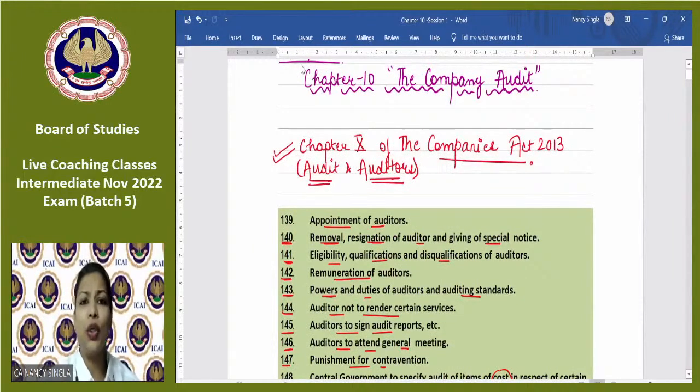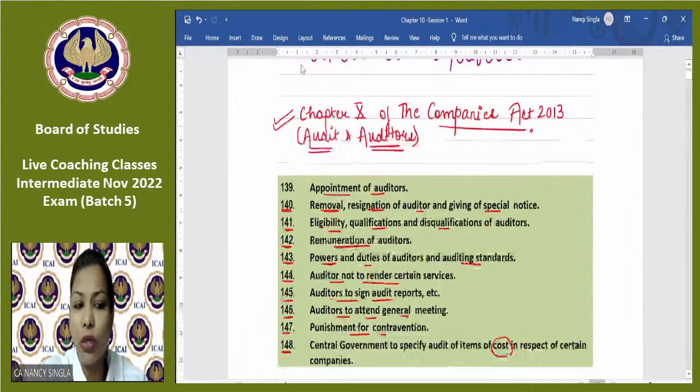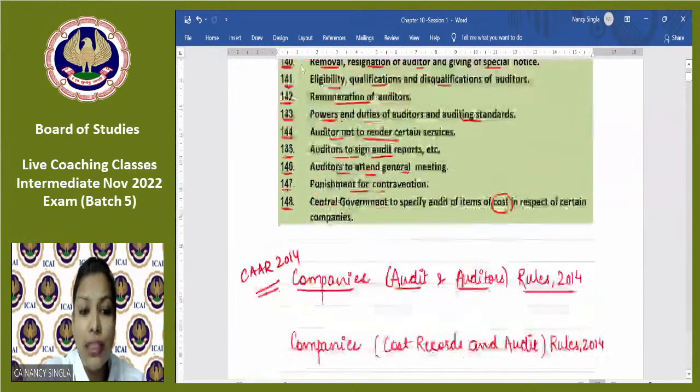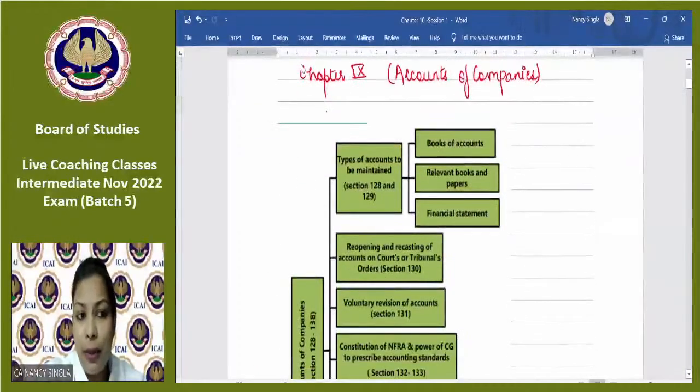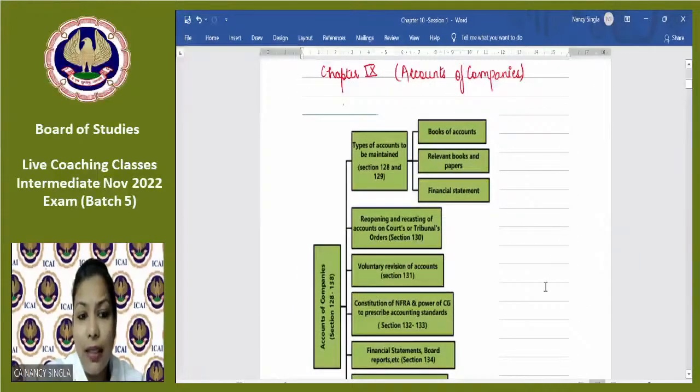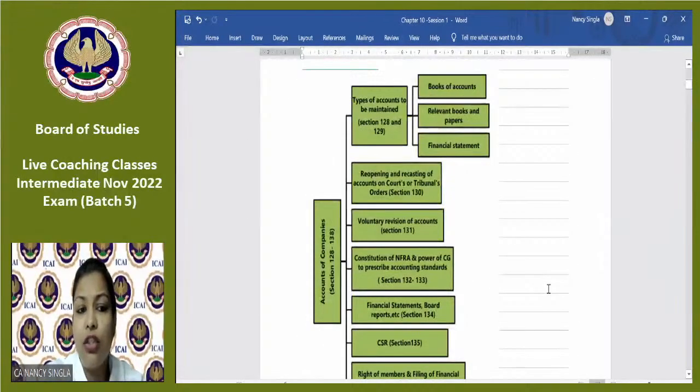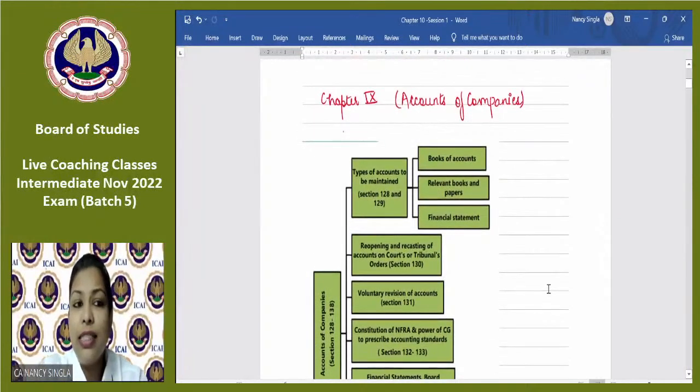I understand that in your company law, you must have covered these sections, section 139 to 148. But now here we will be doing this section in detail from the auditor's point of view, from the audit perspective, right? But before starting with these chapters, students, I expect that these sections which are now being reflected on your screen, that is section 129, in fact 128 to 138, which is contained in chapter number 9 of the Companies Act.